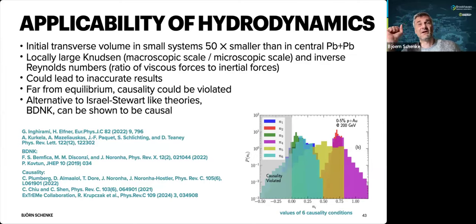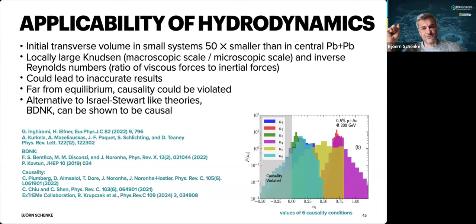So your mean free path would be large compared to the system size. And also inverse Reynolds numbers, which is the ratio of viscous forces to inertial forces. If your viscous effects are too large, you shouldn't trust this anymore. So this could lead to inaccuracies in your result, and also causality could be violated. I'll come to that a little bit more.